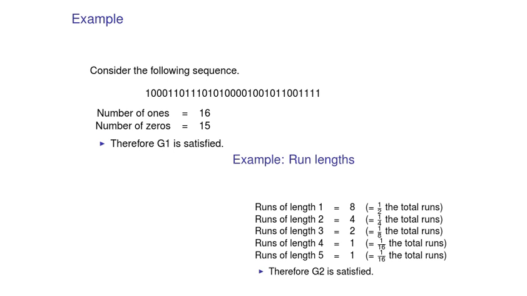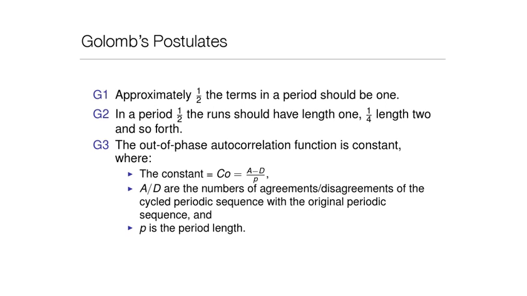And length 5 runs. Where are the length 5 runs? 1, 2, 3, 4. There should be 1. Anyway, so it should look like, so length 1 runs, here it says approximately half the runs should have length 1, 1/4 length 2, and so forth.